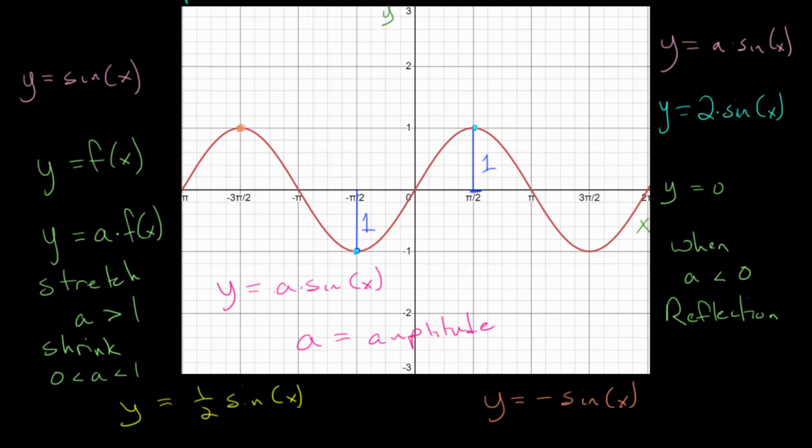Though we need to be careful, because if a is a negative number, then the amplitude is really the absolute value of whatever that number is. Since in this case we had -1 for our a value, but its amplitude is actually positive 1. So whatever we're multiplying or scaling the sinusoidal function by, the absolute value of that number is the amplitude of the function.